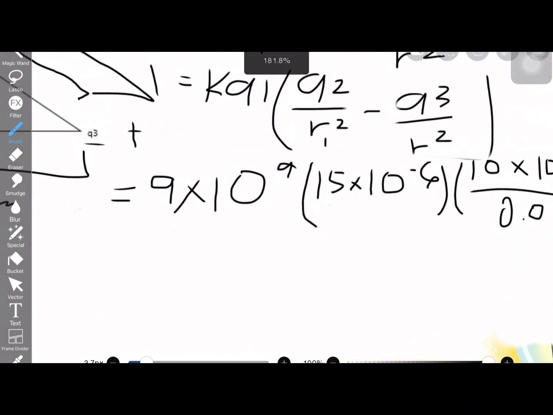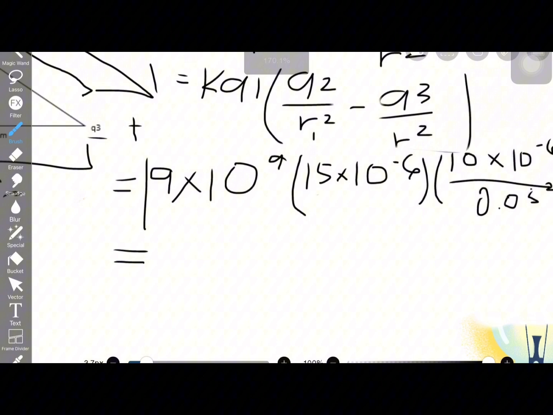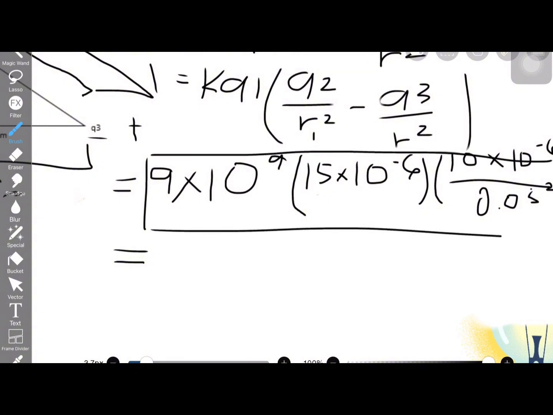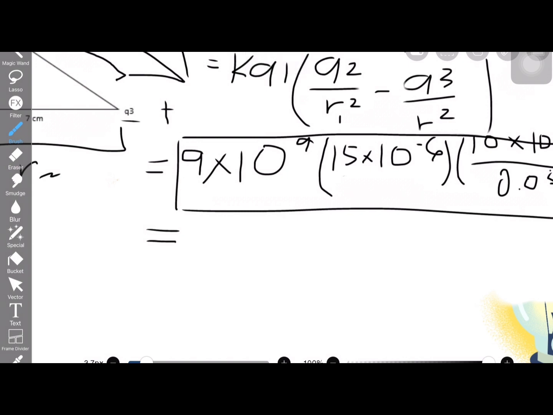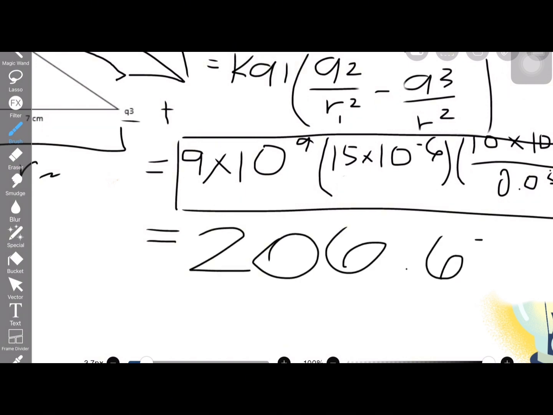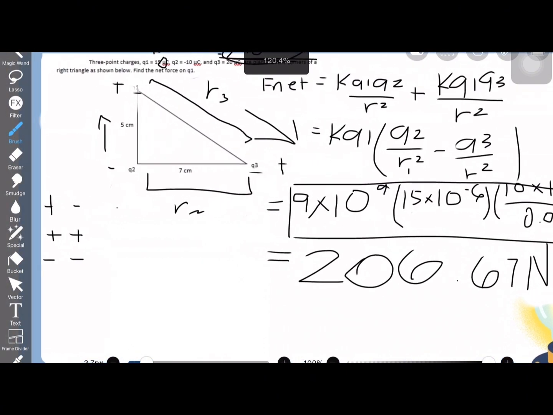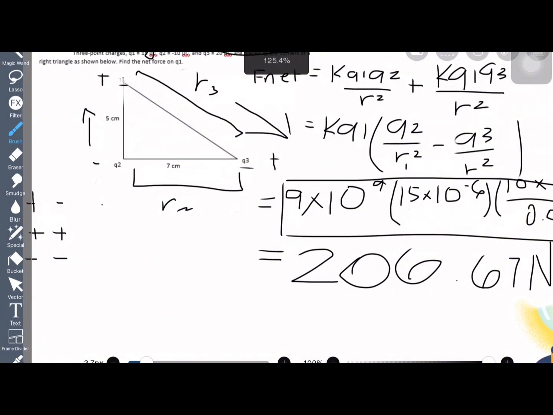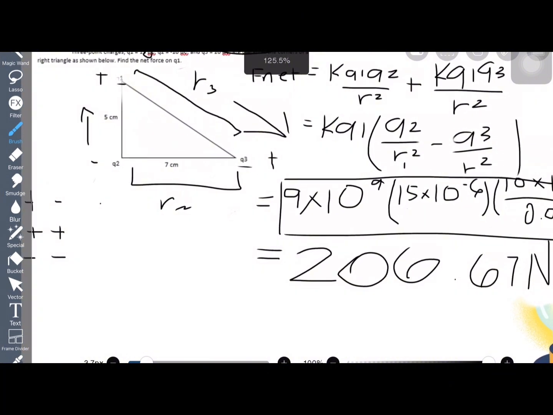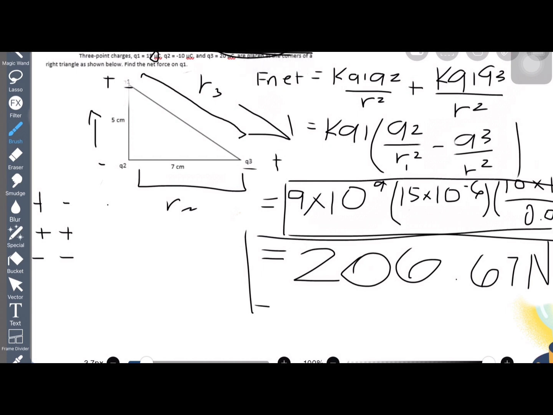So you can freely input this in your calculator. So all of this would only equate to 206.67 Newton. And that is the Newton, or rather the force that is being exerted upon Q1 from both Q2 and Q3.